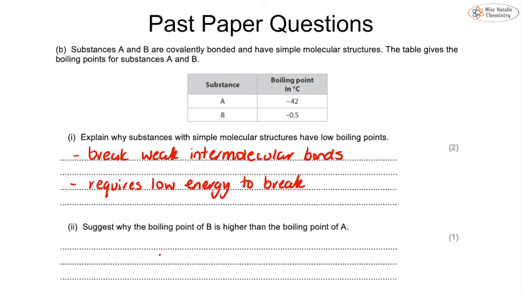And then suggest why the boiling point of B is higher than A. Well, again, this is to do with those intermolecular bonds, and the stronger the intermolecular bonds, the higher the boiling point. So this simply tells us that B has stronger intermolecular bonds. And that just means it requires more energy in order to break those bonds.